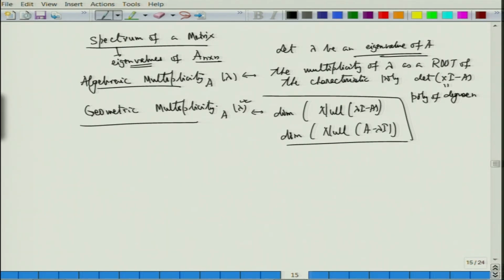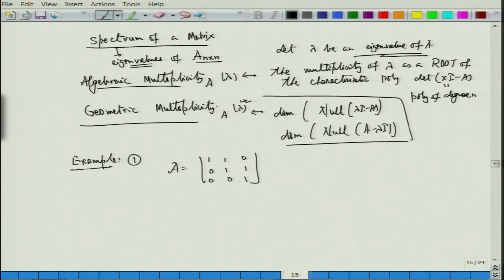So, let us take an example to understand it so that I can proceed further. Let me take one example. I define A as 1 1 0, 0 1 1, 0 0 1.